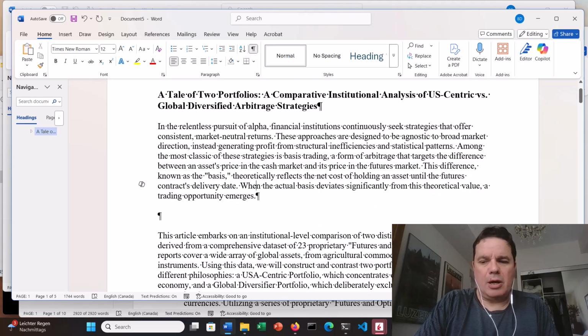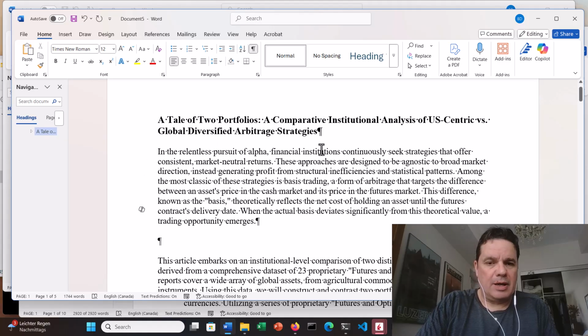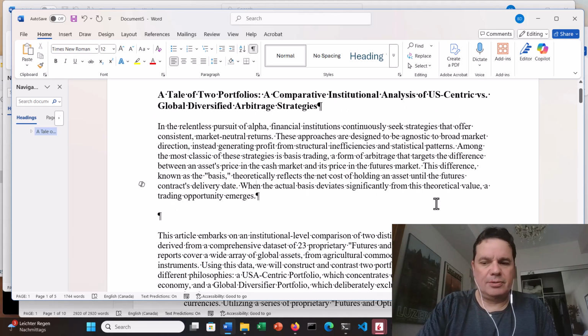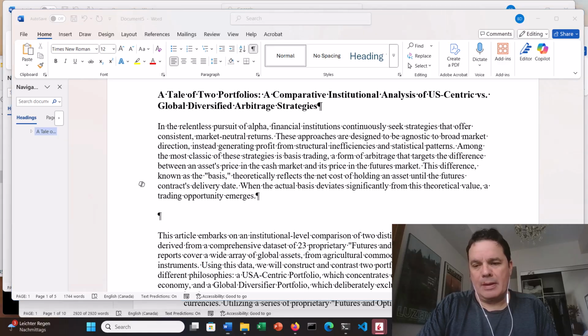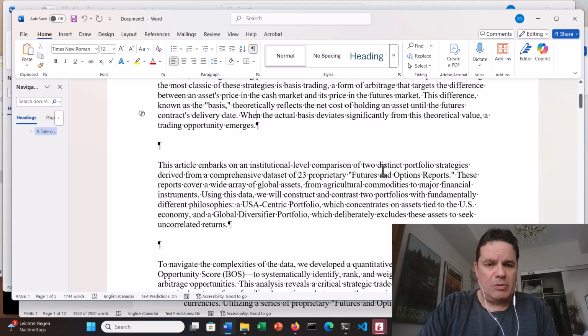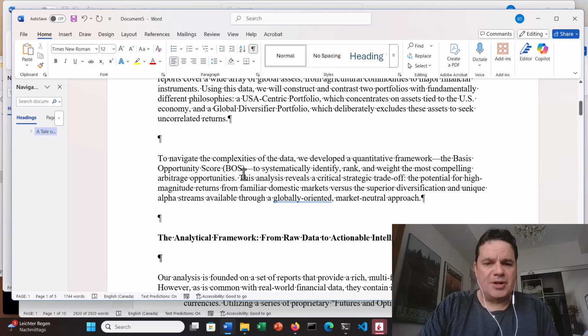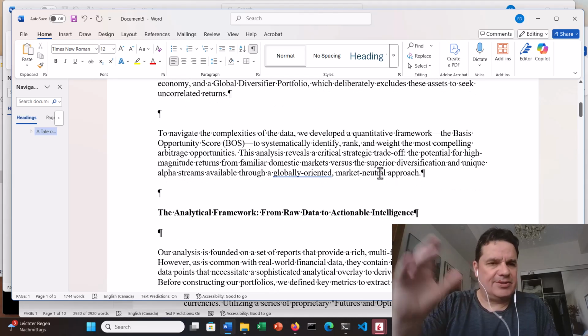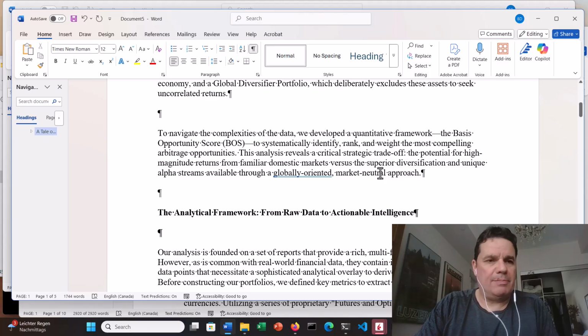So this is the article that is part of doing the comparison. What we have is some quantity stuff that's to be considered. Again, this is all generated by AI.